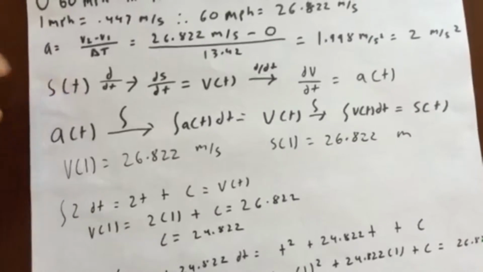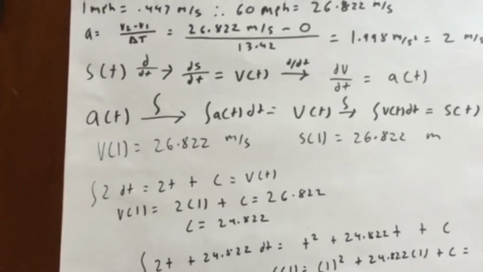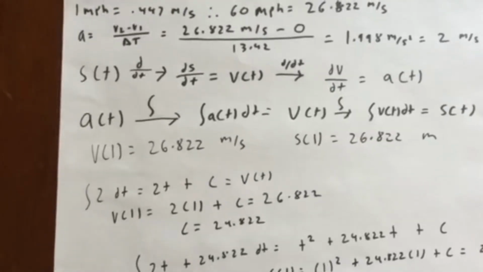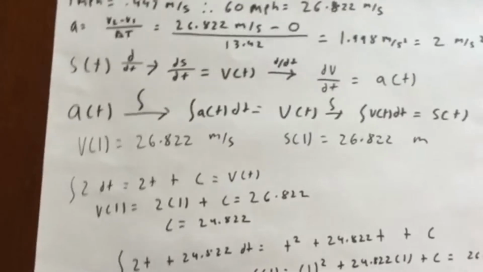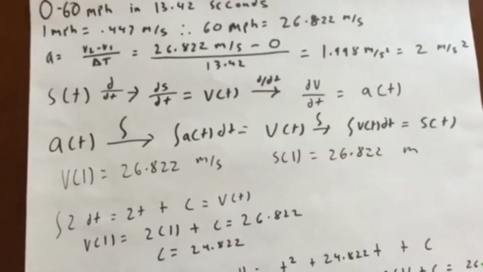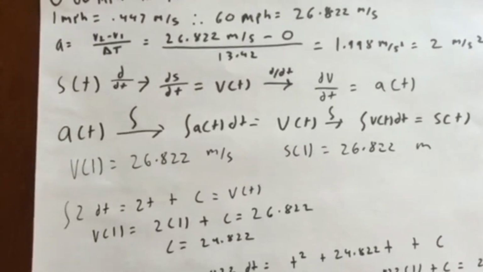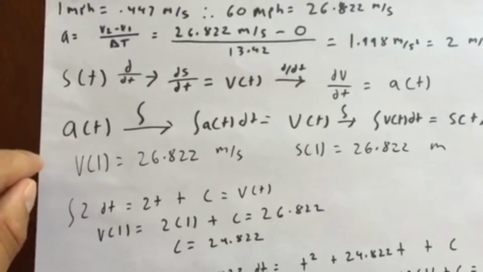So right here, I've let you know that if you're given a position function with respect to time, and you take the derivative of that with respect to time, that will give you your velocity function. And if you take the derivative of that, it'll give you your acceleration. So with this knowledge, we know that if we took an antiderivative or an integral of acceleration, it'd be moving backwards.